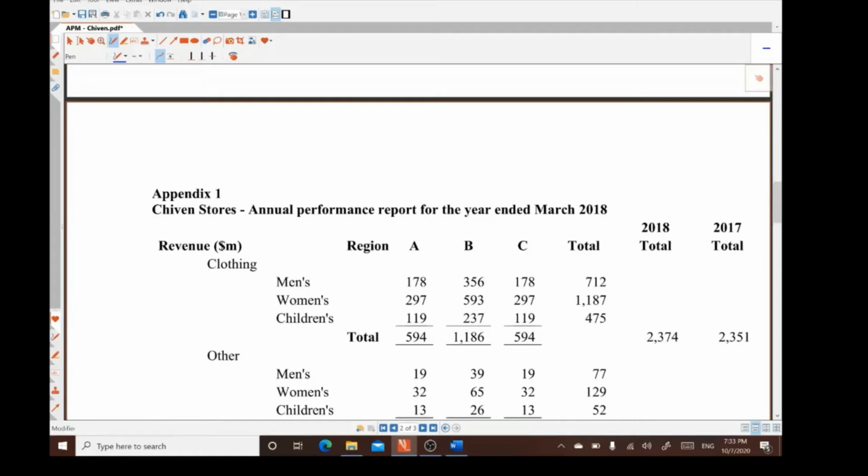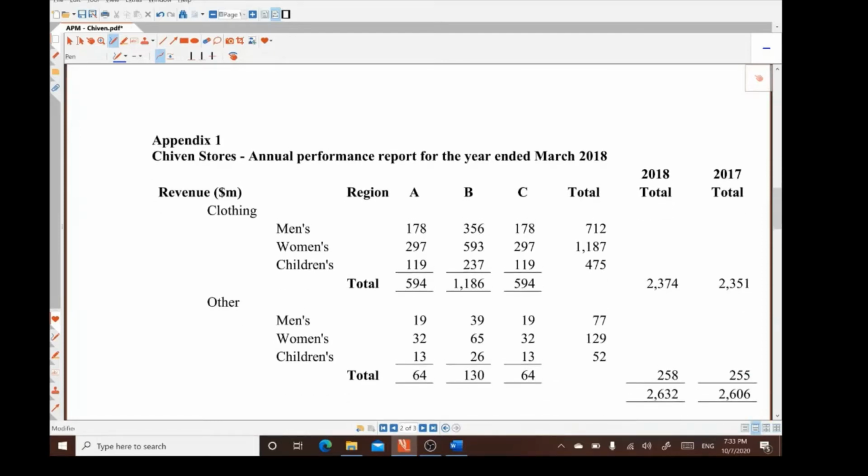Now, do not forget, in the examination it is important for you to start off with the reference to the appendix. And let's have a look at this. When it comes to the appendix, don't forget, it is mainly there to support the first part, the evaluation of the performance report.